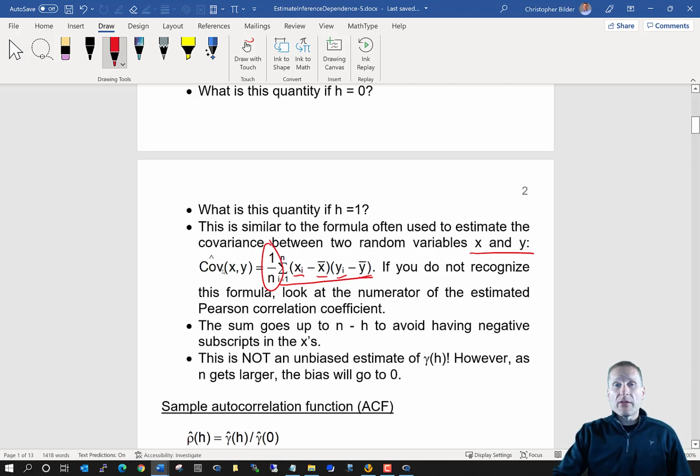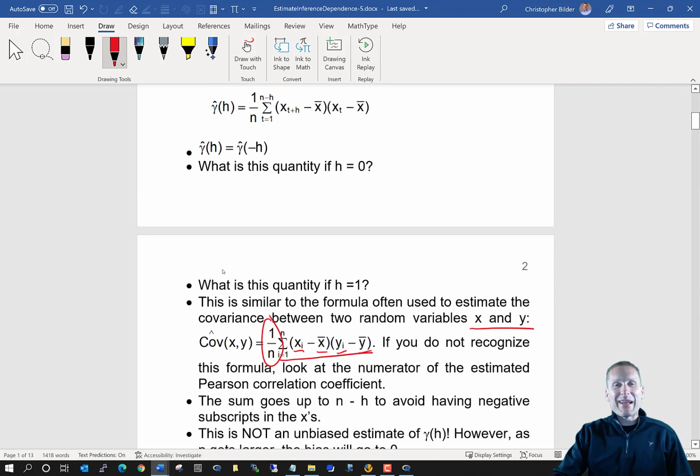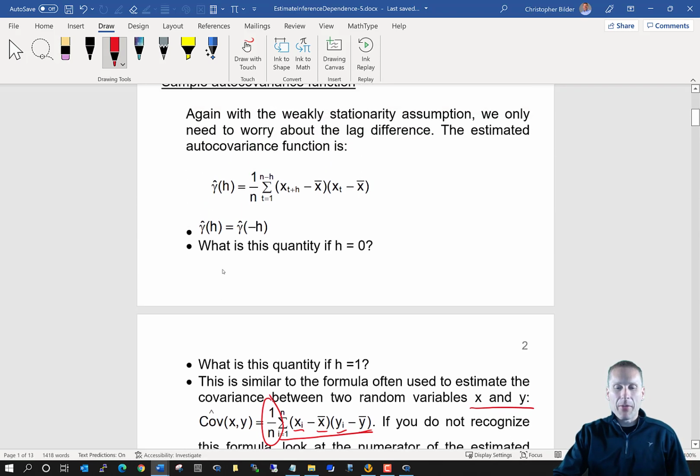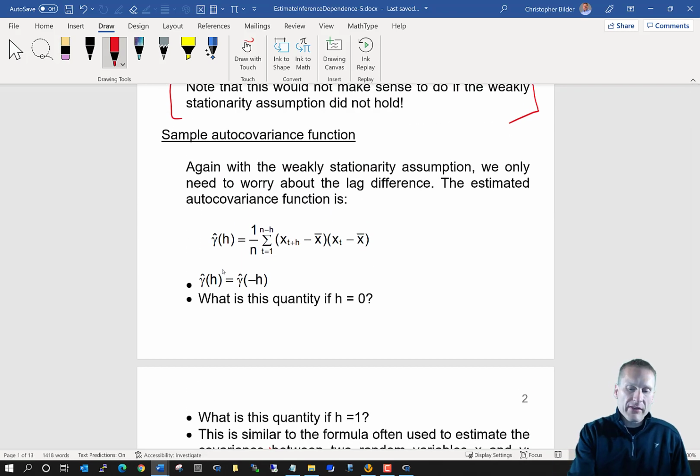We're going to do a very similar thing here with respect to a time series. We're going to call our estimate gamma hat of h. Again, h is the lag. What we're going to do is take x sub t plus h, so we're going h time points into the future past t, and subtract off the sample mean of the series.